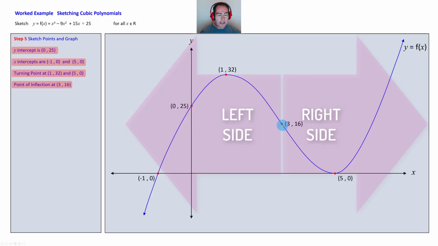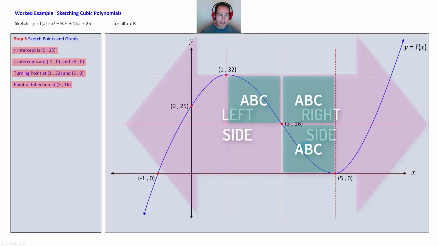In other words, about a vertical line, the left and right hand sides are reflections, but one is upside down. Now we can see this symmetry if I place a grid over the top, and I've done that by placing a line through each of the turning points horizontally and vertically, as well as the point of inflection.